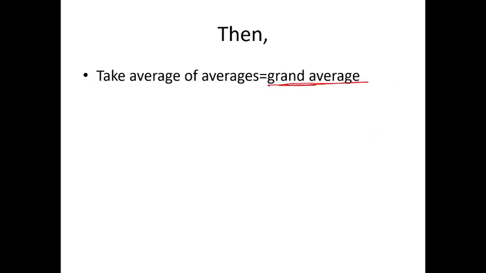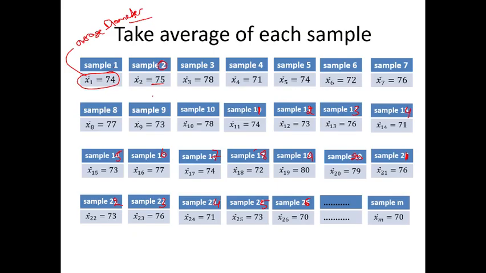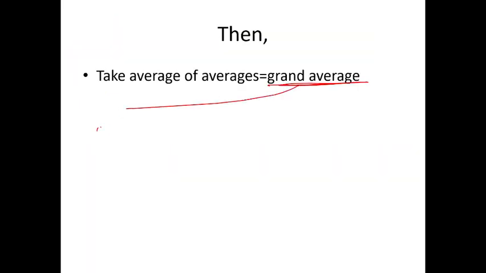The next step is that we take the average of the averages. This is also called the grand average. If I go back to here, we show the grand average as x double bar. That will be x bar 1 plus x bar 2 plus x bar 3 plus up to the final x bar that we have, which is m, and then divided by the number of them.